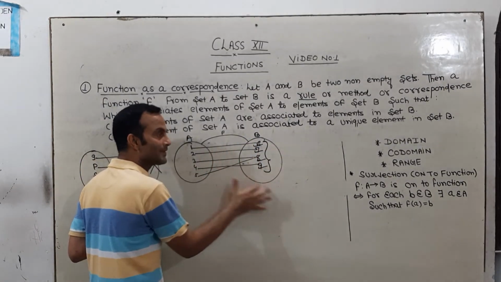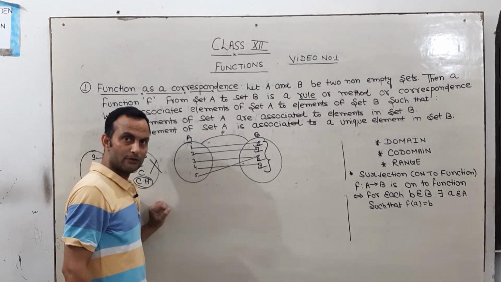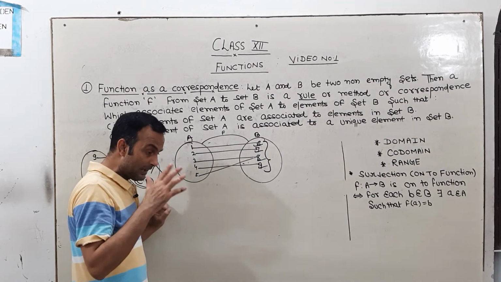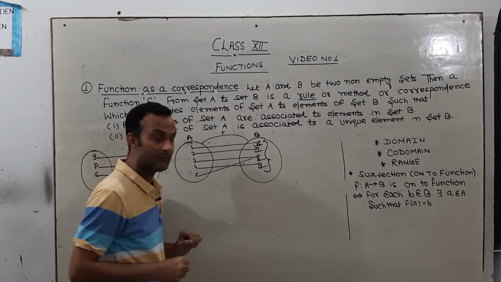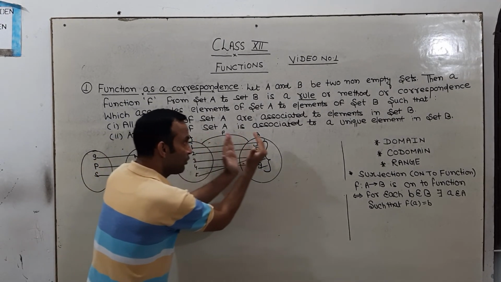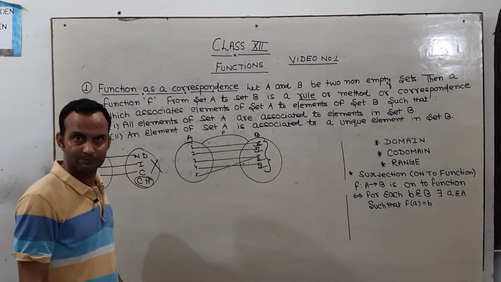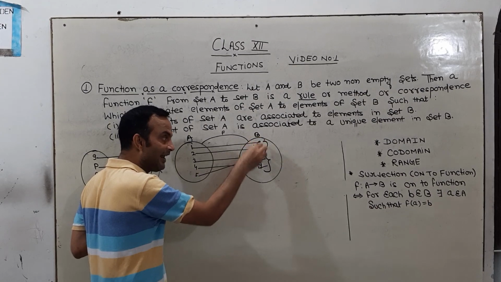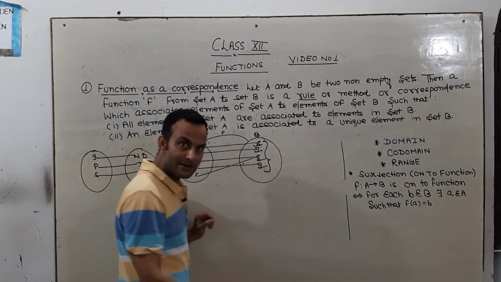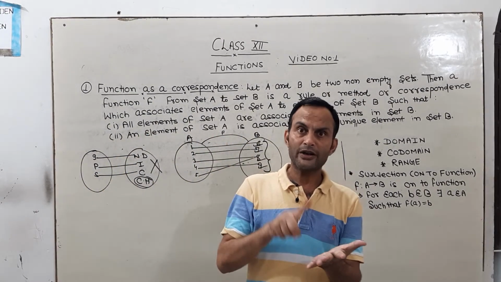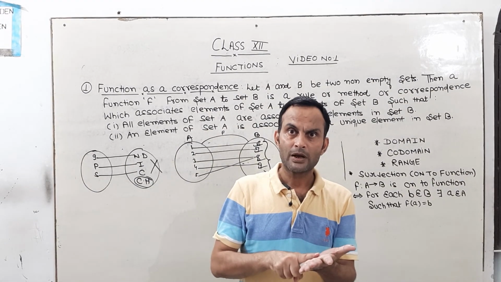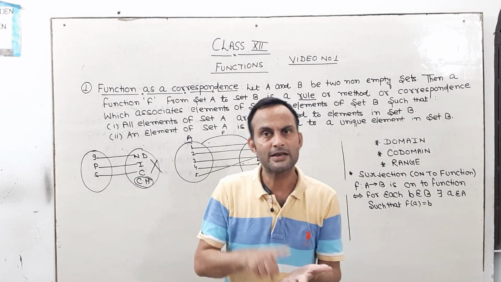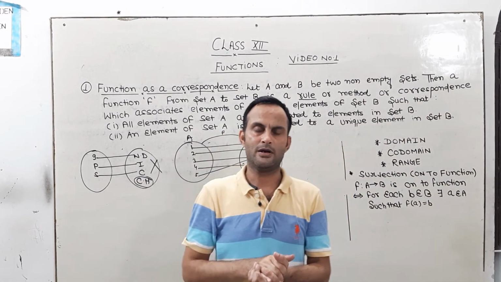Codomain: all the elements of set B is said to be codomain. Range: the image is called range. Whatever images the elements here have, you call that range. But you can see here range and codomain both are same. So the function in which range and codomain both are same is said to be onto function.